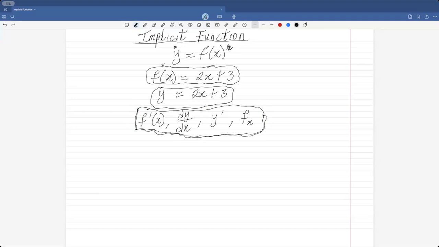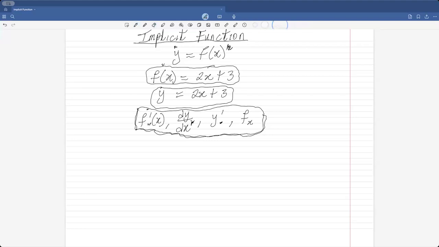You can either use f prime of x, or dy/dx, or y prime, or f sub x. So I want you to keep this in mind, just in case you are given any function to differentiate.